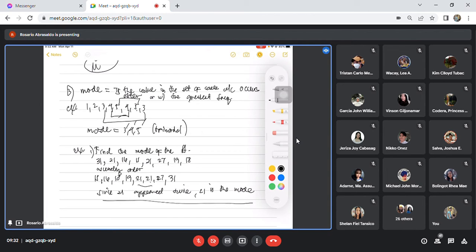Next meeting, Wednesday. Example dari, class: finding the mean, median, and the mode.